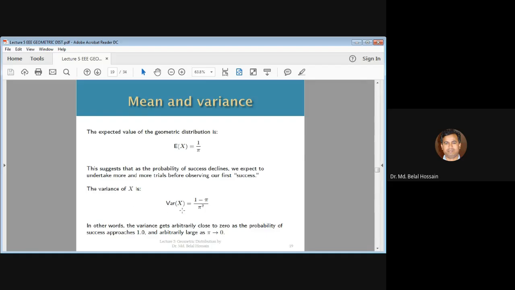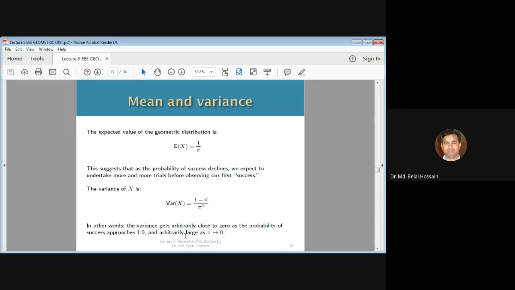Again, the variance of x is 1 minus pi divided by pi square. Okay. The variance gets arbitrarily close to 0 as the probability of success approaches 1, because 1 minus pi, so pi 1 হলে সেটা 0 হয়ে যাবে variance-টা, okay?